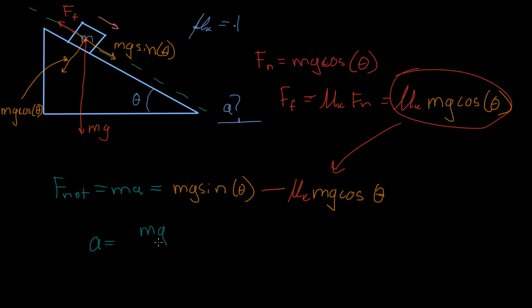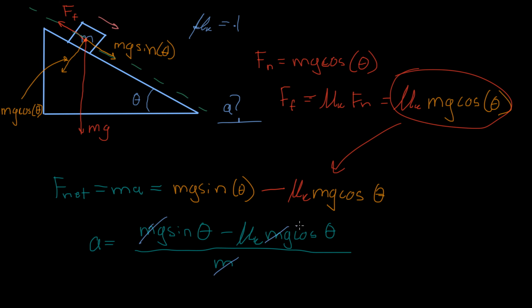mg sine theta minus, I'm going to keep it all in one color just because we now know that this is really one cohesive understanding of how this object is moving. We're going to divide that by mass, and we're going to apply some cancellation. That goes away, that goes away, that goes away.